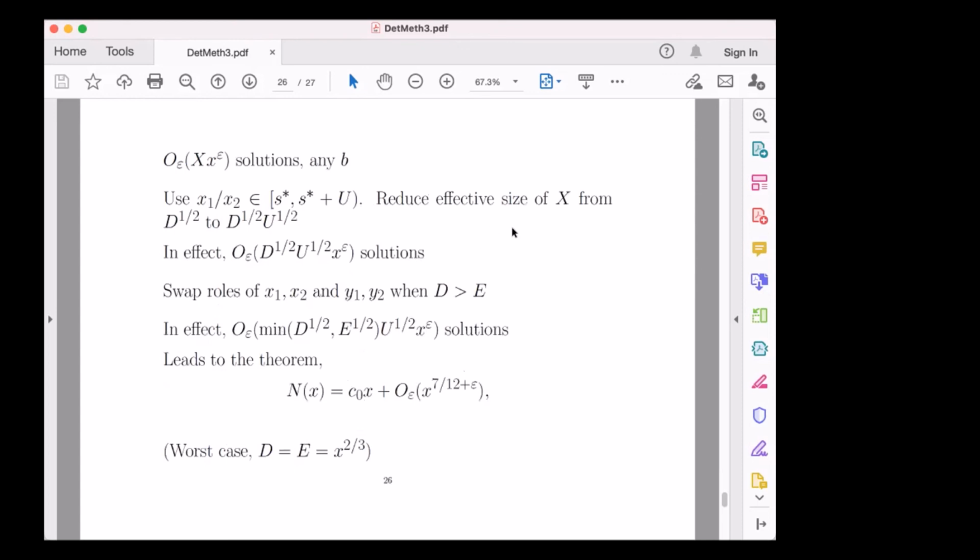Finally, one thing that you can do is to use the fact that your solutions lie in this short interval. And in effect, using this information reduces the effective size of x. I won't explain exactly how that comes about, but you get a saving of order u to the 1/2.